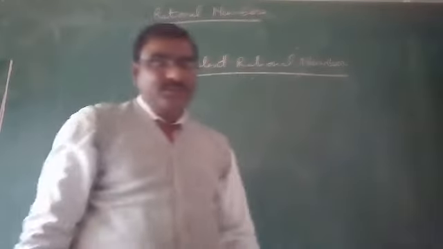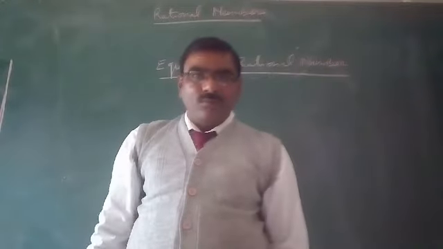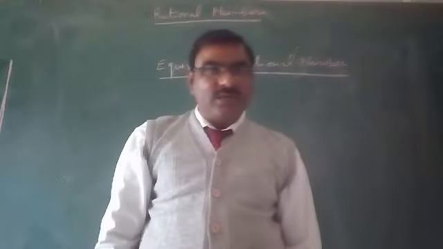If you multiply numerator and denominator of a rational number by the same integer, then the rational number is called an equivalent rational number.